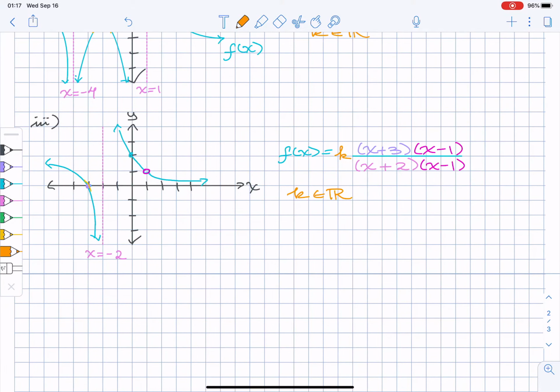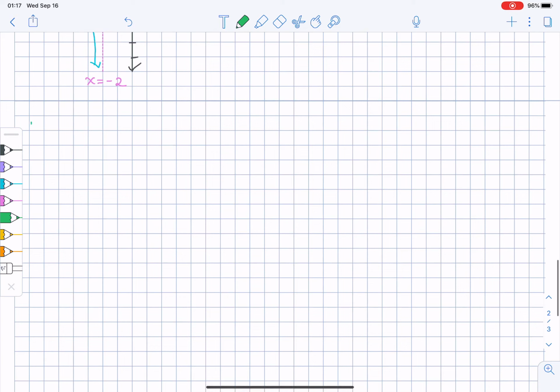Okay, so let's note. Hopefully this is making sense. So note, when factored, the x-intercepts are the roots of the numerator, right?